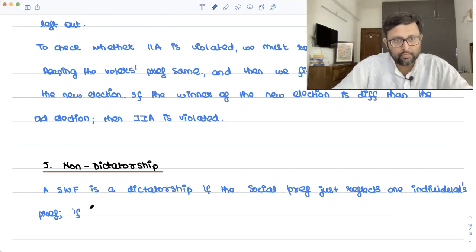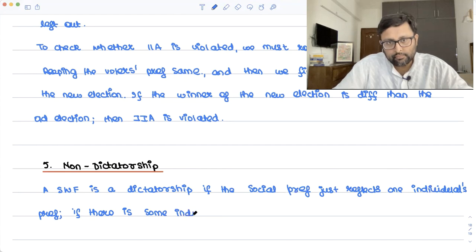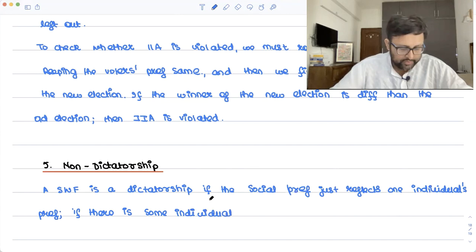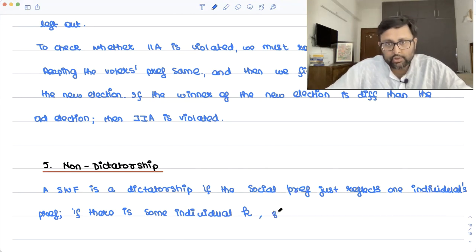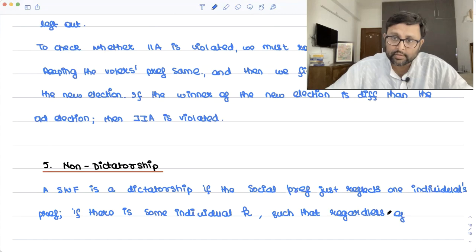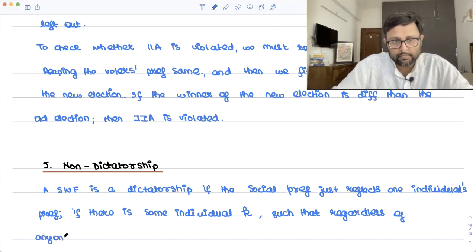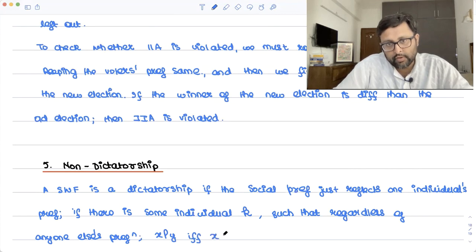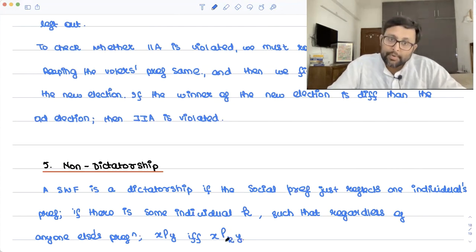So if there is some individual K, such that regardless of anyone else's preferences, X is strictly preferred to Y if and only if X is strictly preferred to Y by this individual K. So this is the societal preferences, and this is the preference of the kth individual.